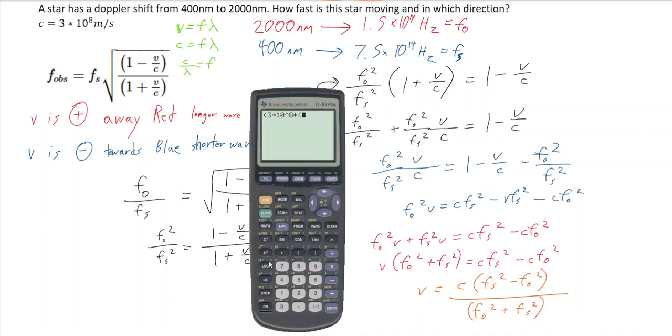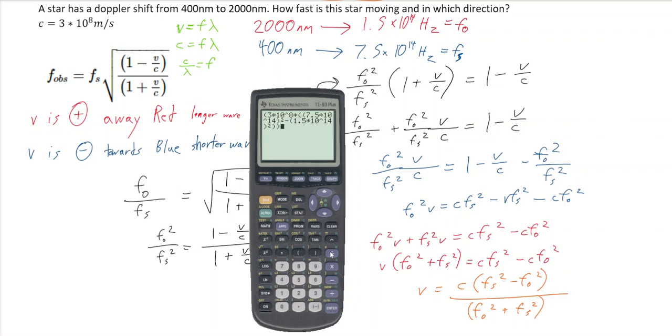So the source is 7.5. Oh no, we're going to have to put in brackets. 7.5 times 10 to the exponent 14, bracket, and then squared, minus 1.5 times 10 to the exponent 14 squared. That finishes off that bracket.